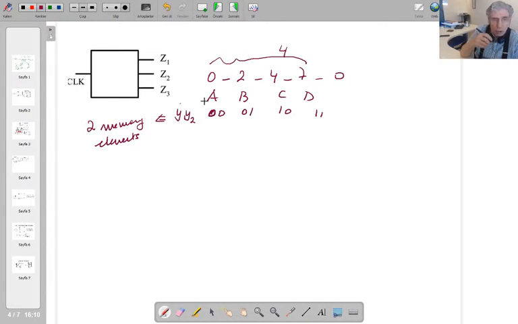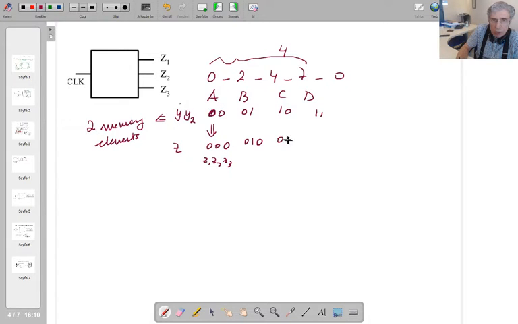So what I am going to do, as I said, is represent these states by A, B, C, D. After the coding it is this. At that state, I am going to give the output Z as 0, 0, 0. When I come to this state, I am going to give the output this. So I've got three outputs here, Z1, Z2, Z3. With three output variables, I can represent the number that I'd like to see.